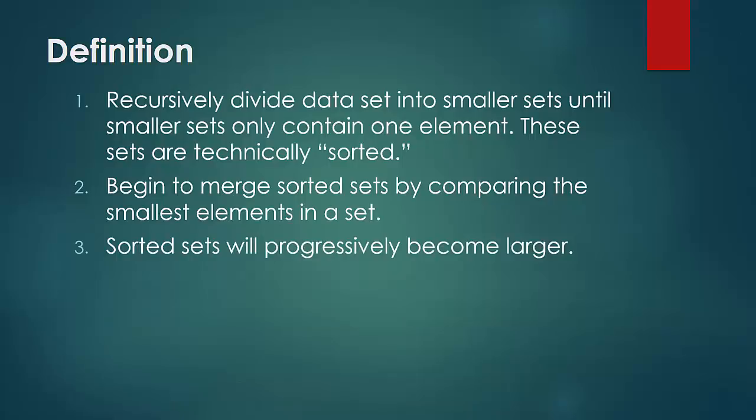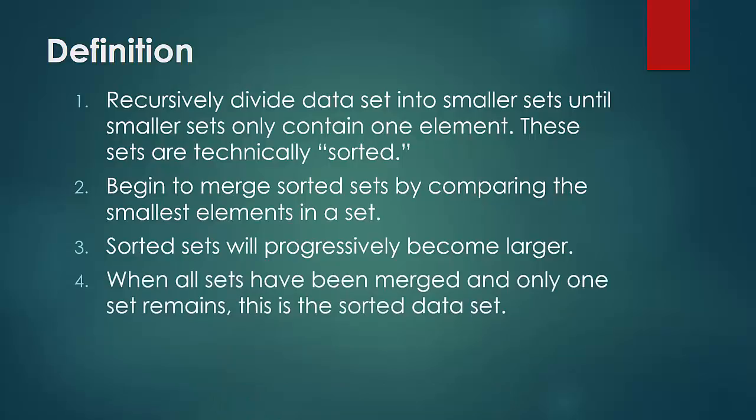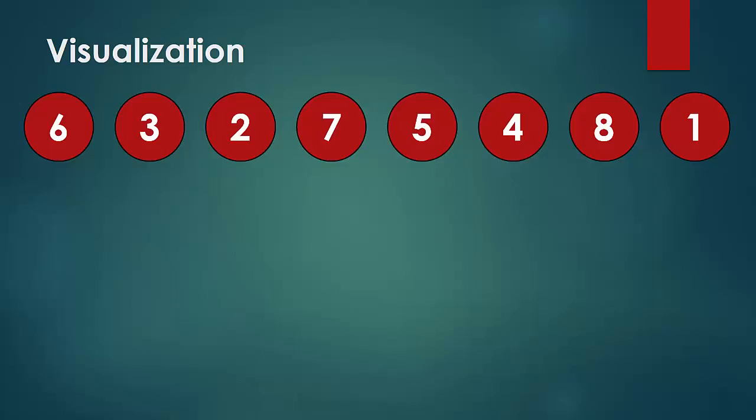These sorted sets will progressively become larger. Then we compare these 2 sorted sets by comparing the first elements of each array. The first element is, of course, the smallest one of each array. We build the set in that way as well, and after that, we will have our completely sorted data set, completely merged back into 4 elements.